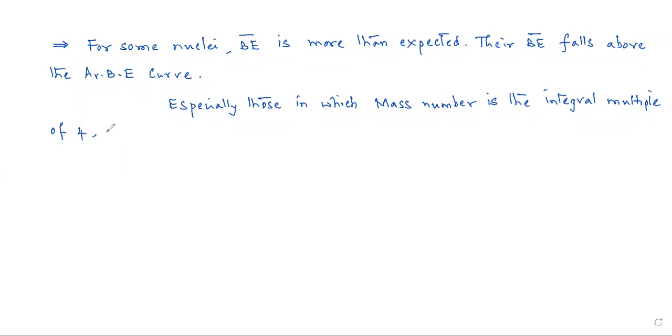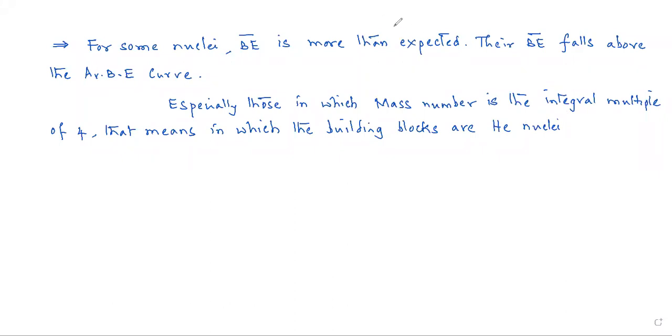That is, those in which the building blocks are helium nuclei, having a mass number which is an integral multiple of 4, nothing but integral multiples of helium, which is a building block.